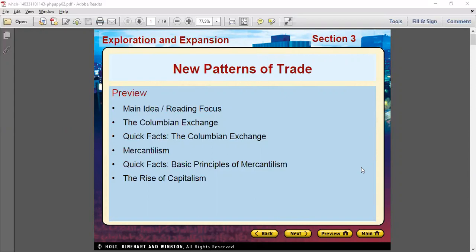We're going to take part of that lesson, and we're going to complete it either this week or next week, inshallah, in the live sessions. So we're talking about new patterns of trade. By pattern here, of course, we mean a way of trade, a new way or new style of trade.